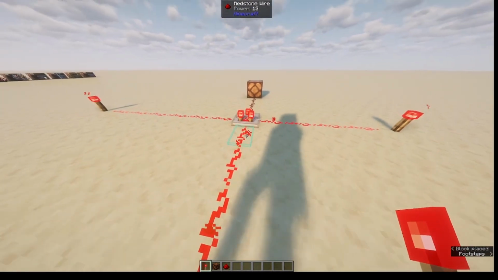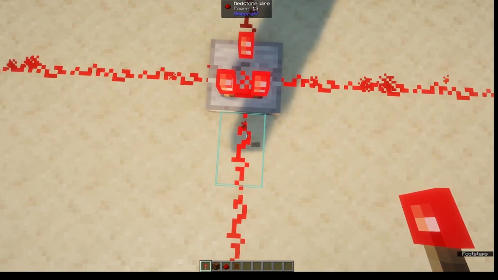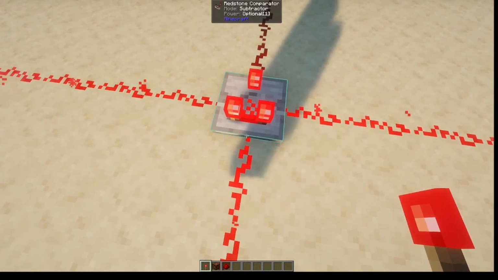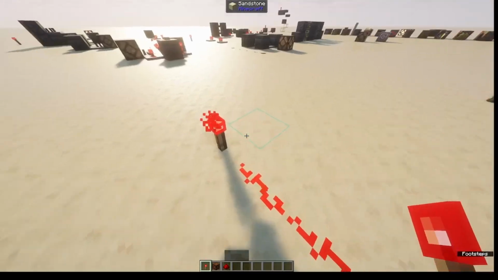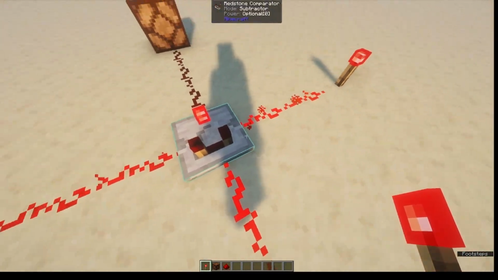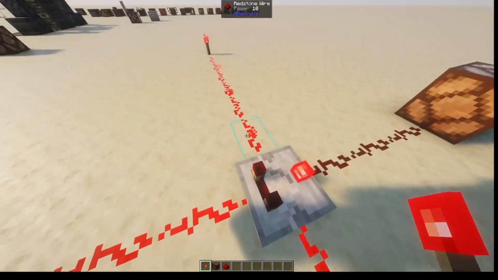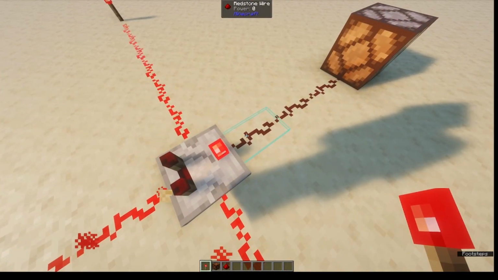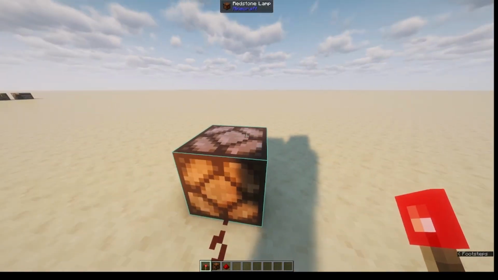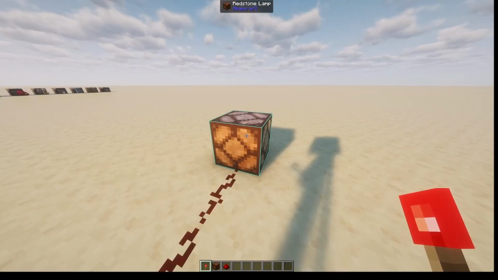If the rear input was much smaller, for example 13, and the side input is 14, this means we have 13 minus 14, since 14 is the larger of the two side inputs, which gives us a negative value, which means there will be no power supplied to this redstone lamp.